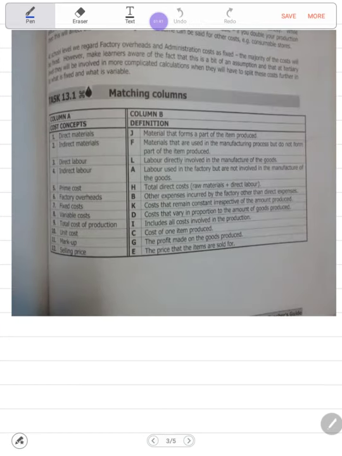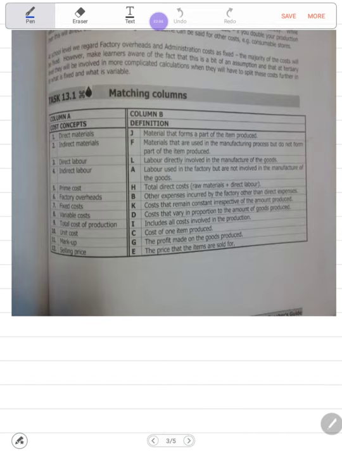Just to get you familiar again with all the concepts, direct materials are materials that form part of the item produced. Indirect materials are materials that are used in the manufacturing process but do not form part of the item produced. Direct labor is labor directly involved in the manufacture of the goods.